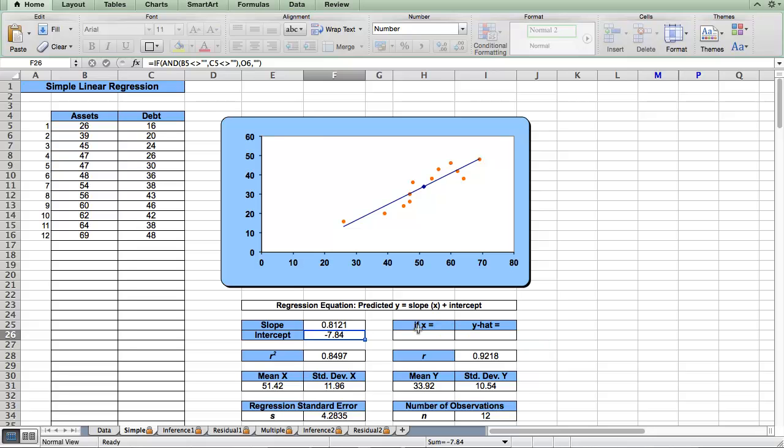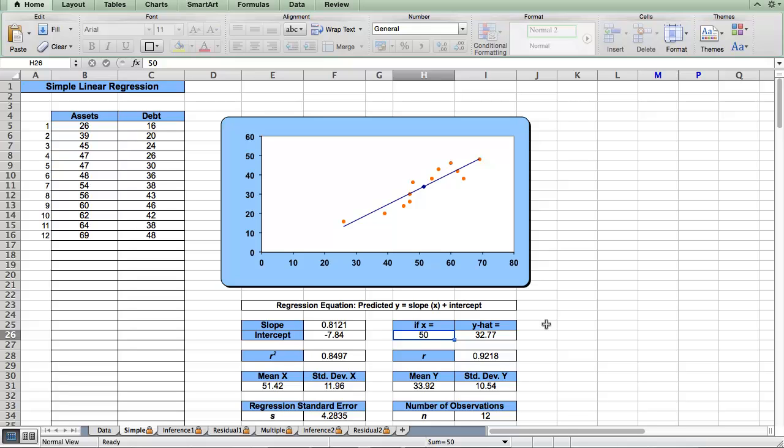For example, if a client has 50 million in assets, our data here are in millions, the regression equation predicts long-term debt of 32.77 million. So suppose this accounting firm has a client with total assets of 50 million.